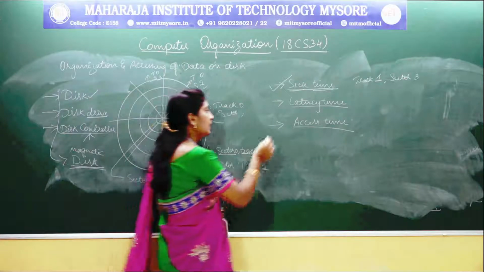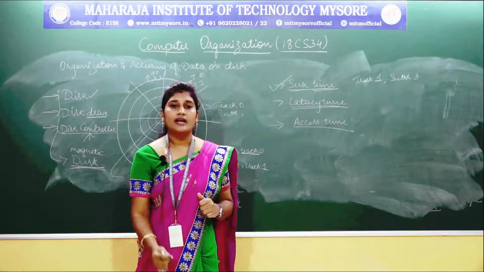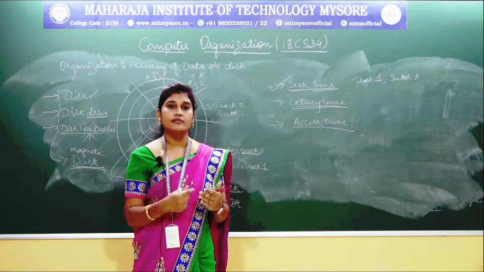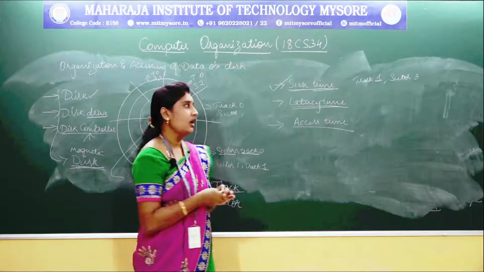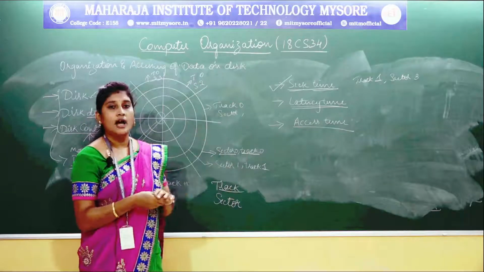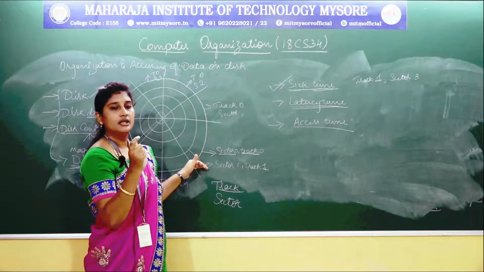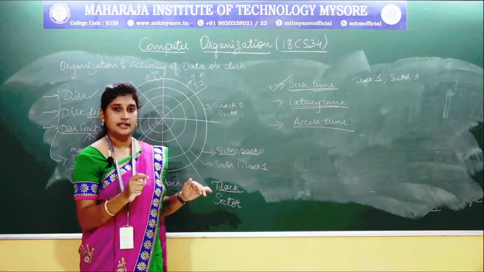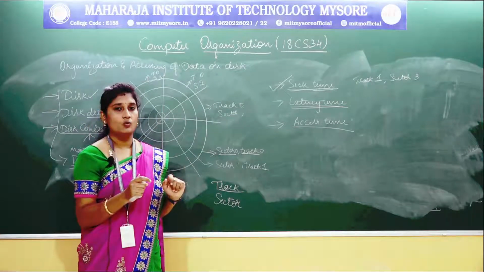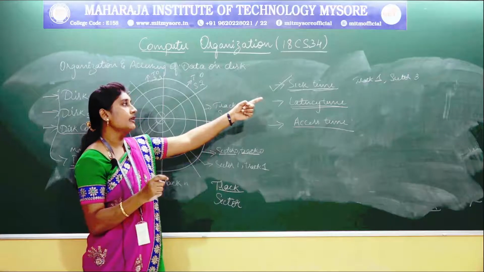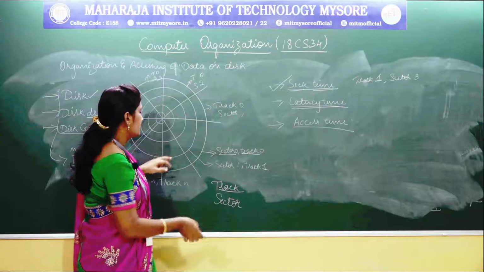So that is why it is called seek time. Fine. And the latency time is the time taken by the read write head from the starting position to the desired address. In seek time, I have to reach my addressed position. Now I have reached track 1, the address given to me. Now I need to go to sector 3.